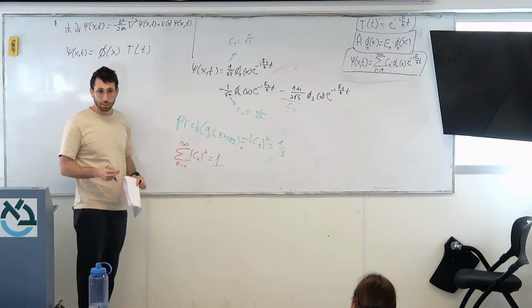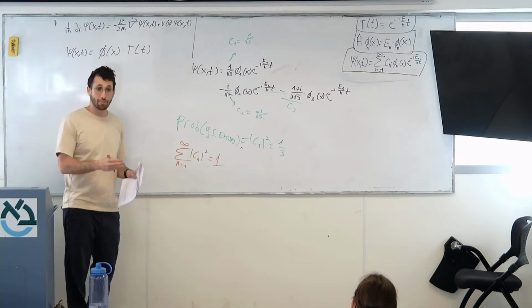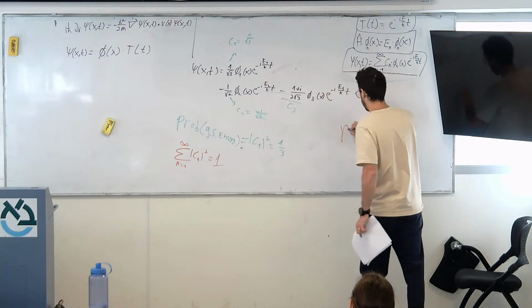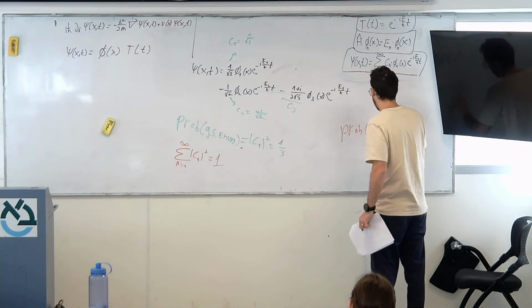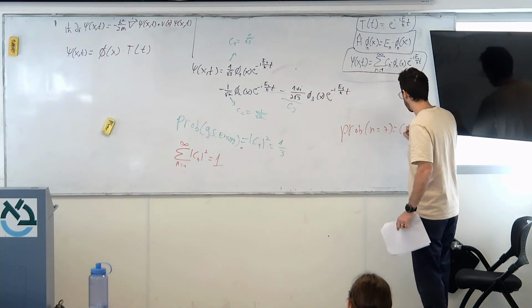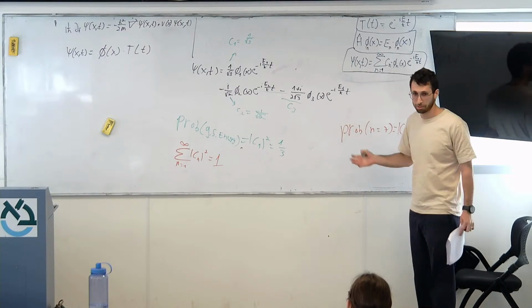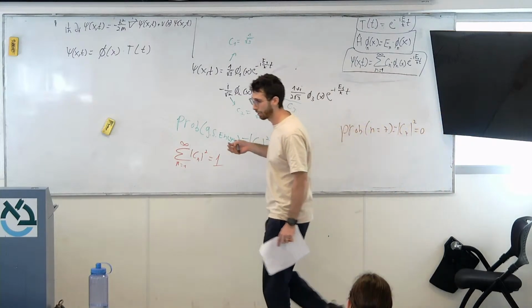If I would ask what is the probability to be in the 7th energy band, so probability of n equals 7, it would be equal to C7 absolute value squared, which is 0, because we don't have anything higher than 3.